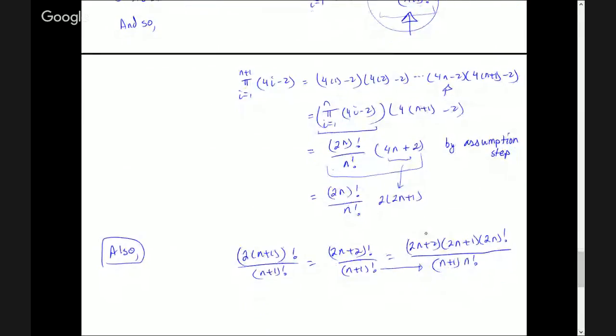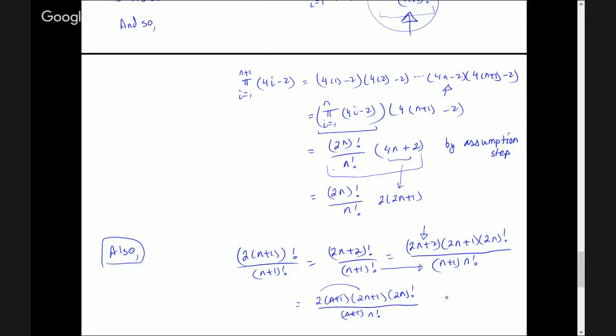Can you factor a 2 out from this one right here? So now this n plus 1 and that n plus 1 are going to cancel.